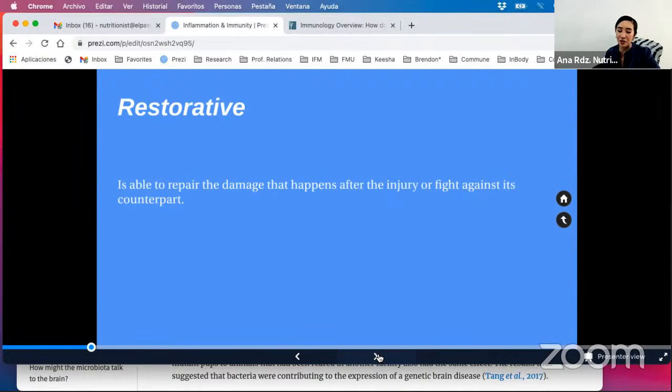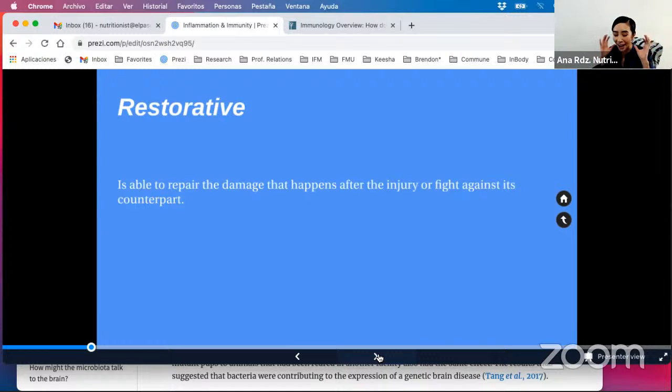So restorative, it's going to be able to repair the damage. Most of the time when the immune system responds, it's going to cause some kind of cellular debris, because most of the time the pathogens get disintegrated, and that degranulation might cause a very inflammatory reaction, or these little particles might get inside of our gut system or our lymphoid system, and eventually the reaction is going to be bigger if it goes that way.